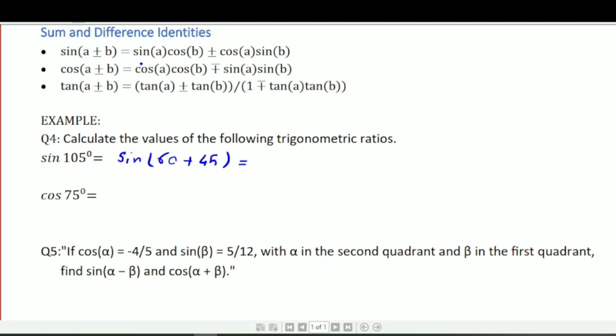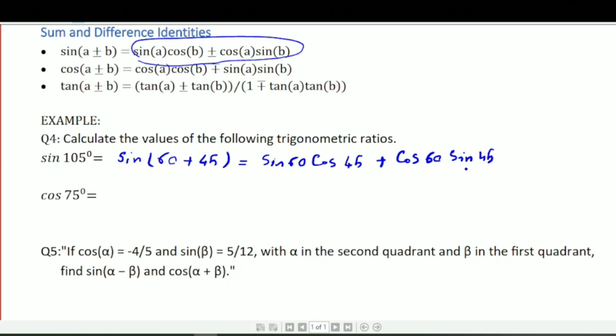And according to the main formula, sine of 60 multiplied by cosine of 45 plus cosine of 60 multiplied by sine of 45.